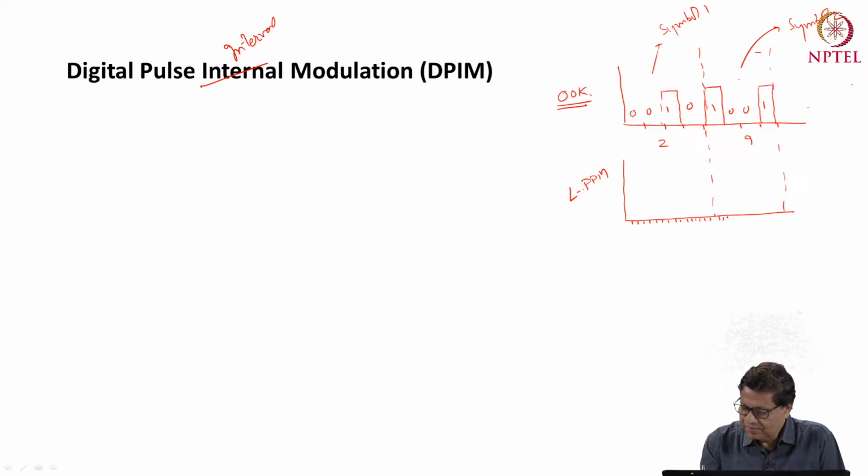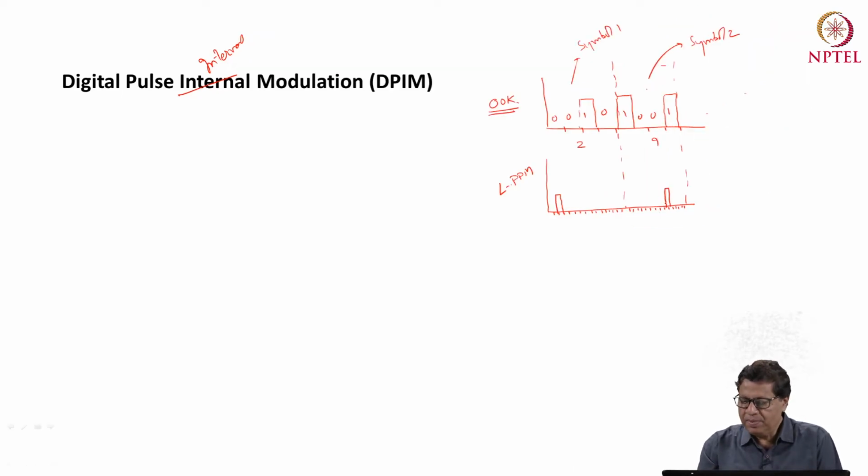Similarly this. So this is decimal 2, so you will have a pulse after 2 slots. So you will have a pulse here. This is decimal 9, so you will have a pulse after 9 slots. So let me count again, 1, 2, 3, somewhere here. So this is a case of L-PPM.